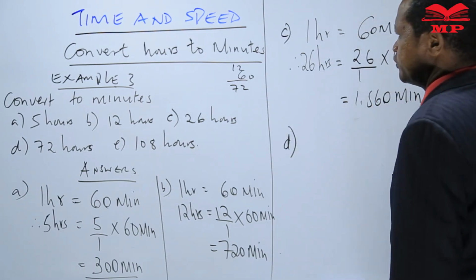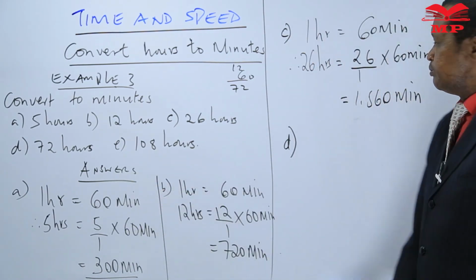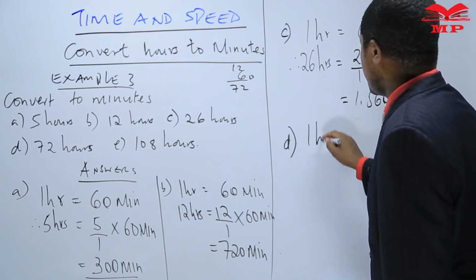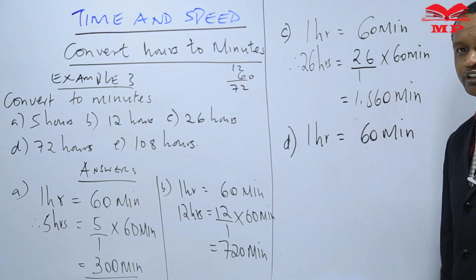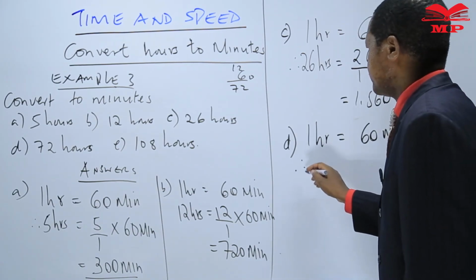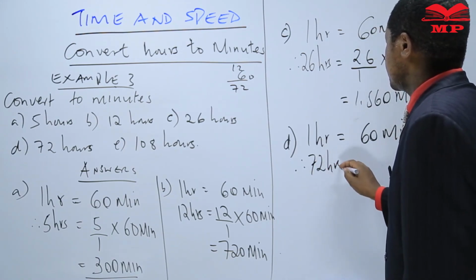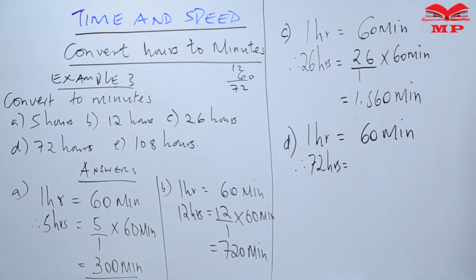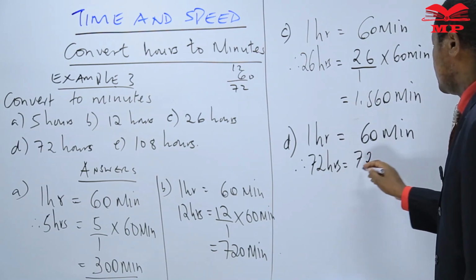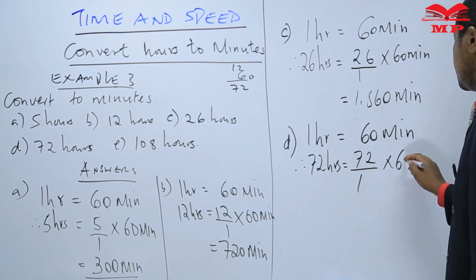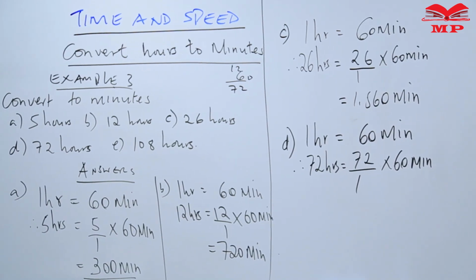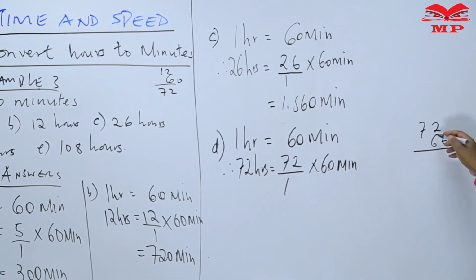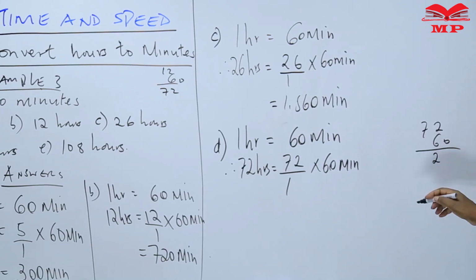Then D, we need to convert 72 hours into minutes. We know that 1 hour is equal to 60 minutes. Therefore 72 hours will be equal to 72 over 1 times 60 minutes. So we multiply 72 times 60. 6 times 2 is 12, write 2, carry 1.